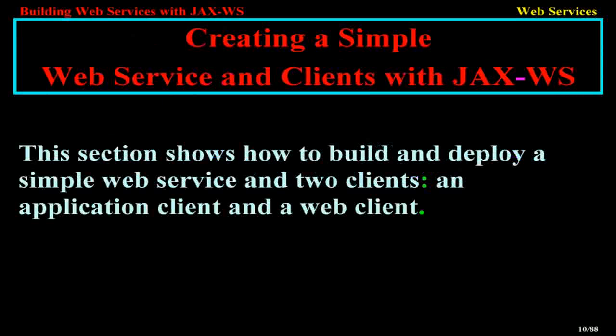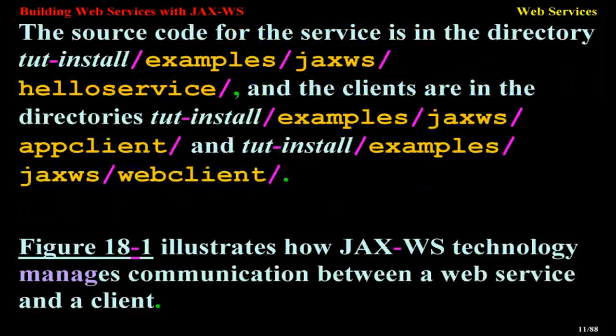Creating a simple web service and clients with JAX-WS. This section shows how to build and deploy a simple web service and two clients: an application client and a web client. The source code for the service is in the directory tut-install/examples/jaxws/helloservice, and the clients are in the directories tut-install/examples/jaxws/appclient and tut-install/examples/jaxws/webclient.